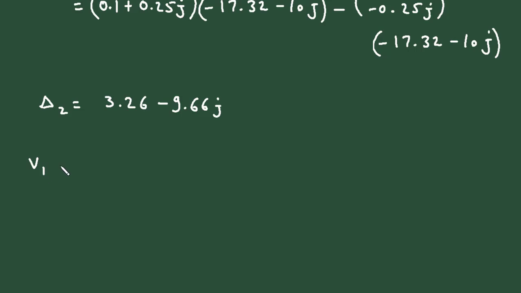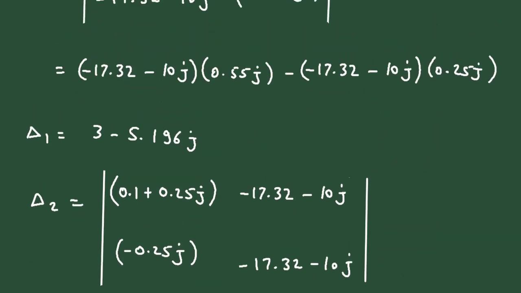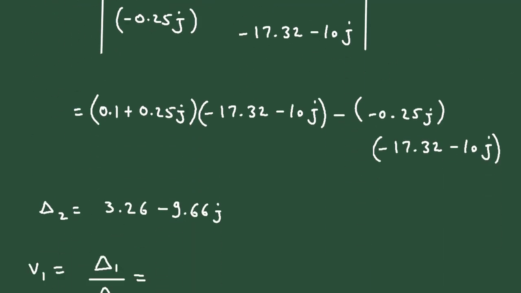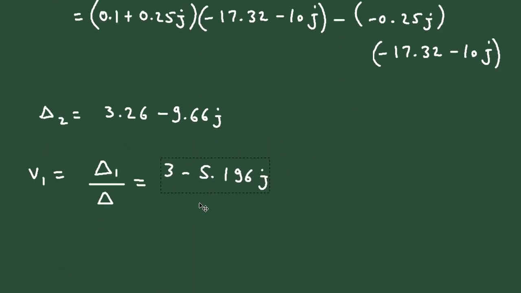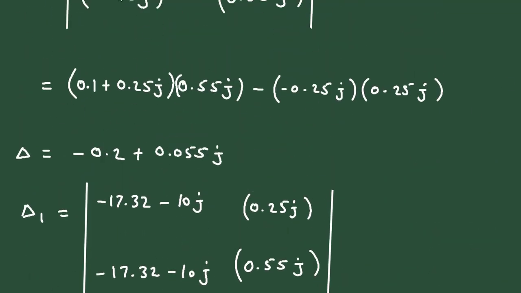So V1 is equal to delta 1 divided by delta. This is the value of delta 1, divided by the value of delta, this is the value of delta.